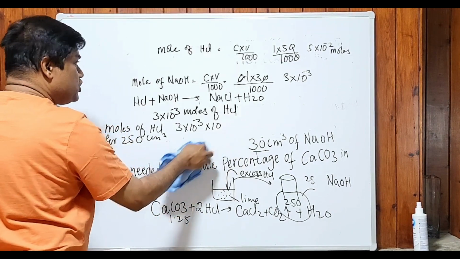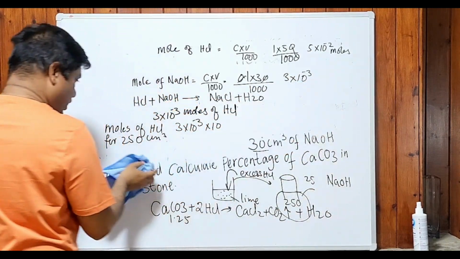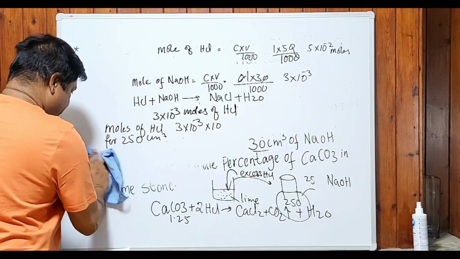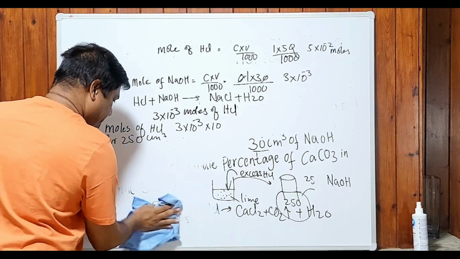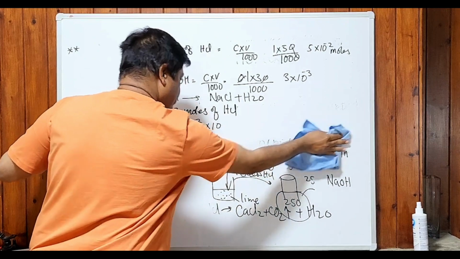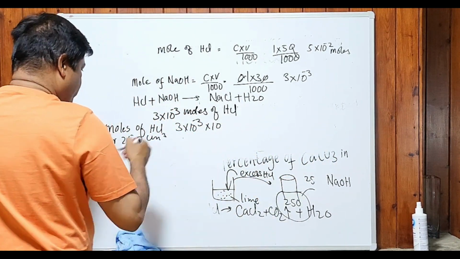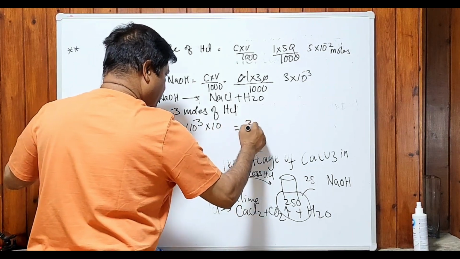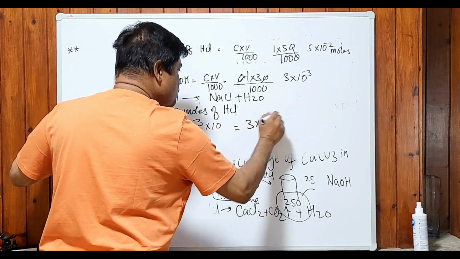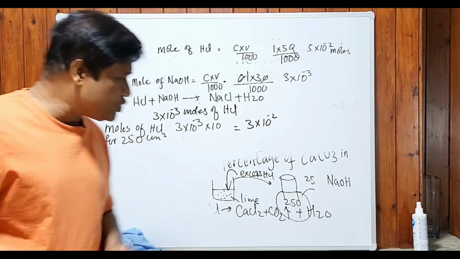And we know the initial mole. Guys, these are the initial moles of the HCl. So 3 into 10 to the power of minus 2, that's the mole of HCl left out in the solution.